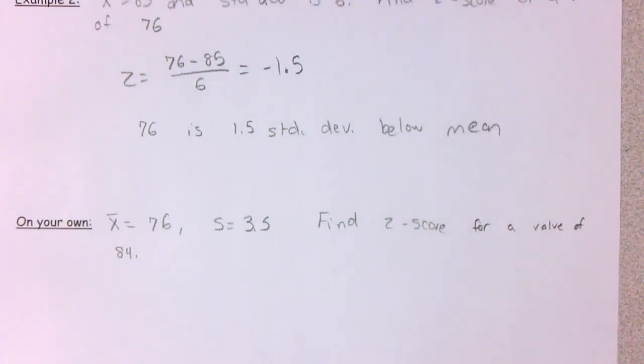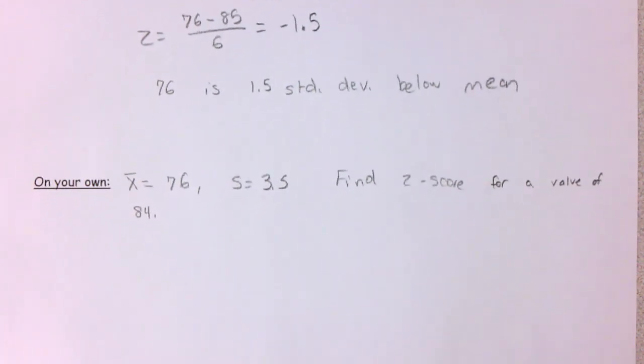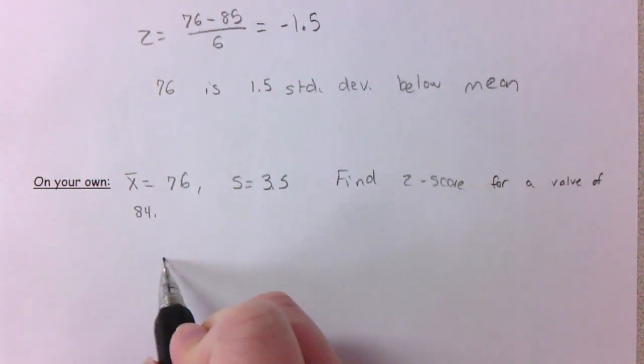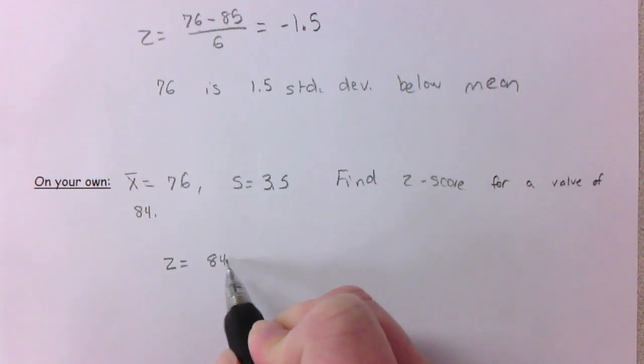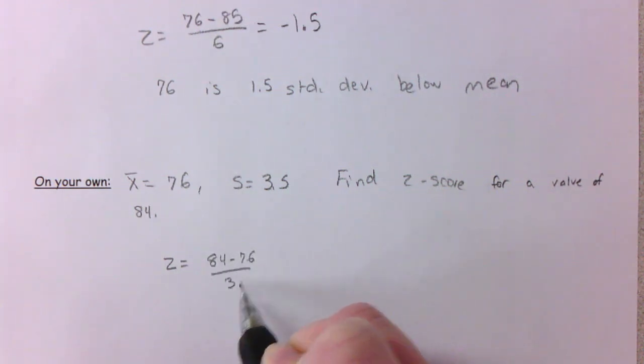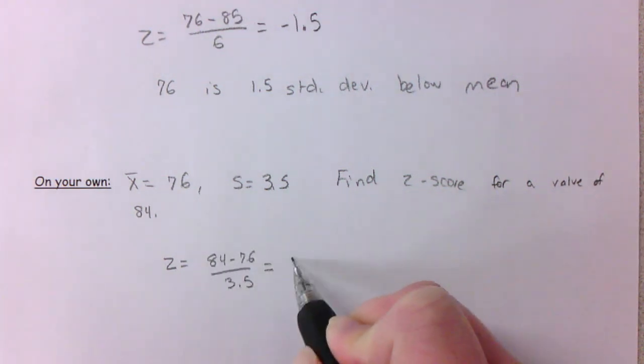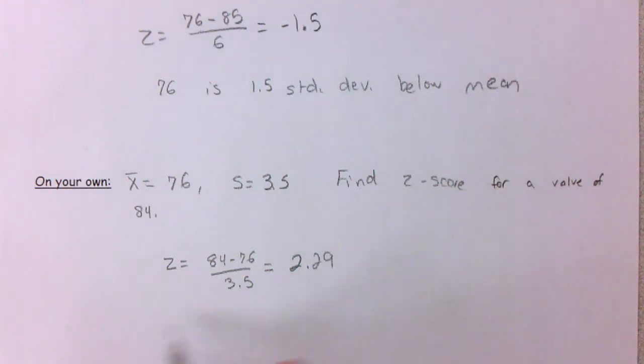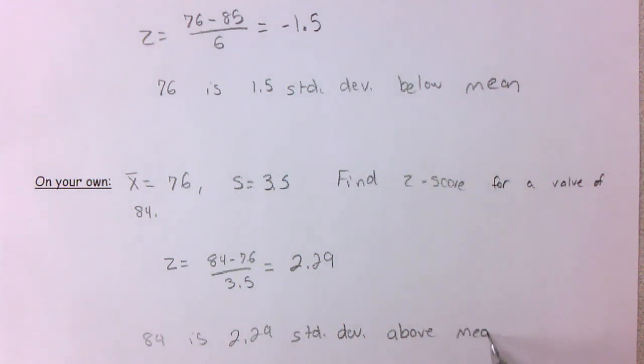Find that z-score, and also make sure to note whether it's above or below the mean. Alright, so for figuring this, it's going to be 84 minus 76 divided by 3.5. We type that in the calculator: 2.29. So this number is positive, so 84 is 2.29 standard deviations above the mean. Okay?